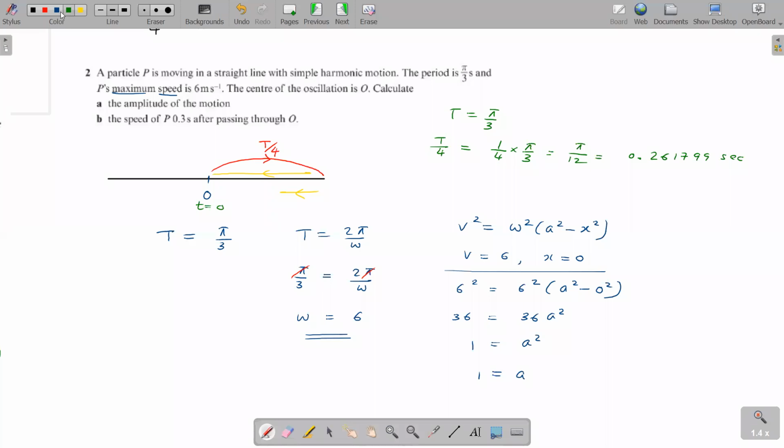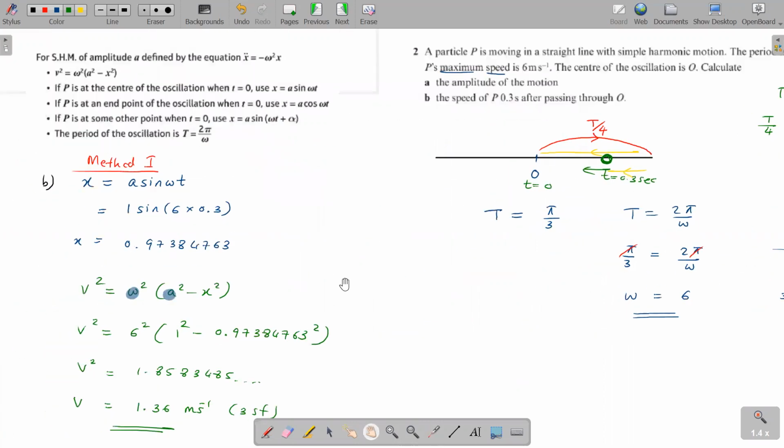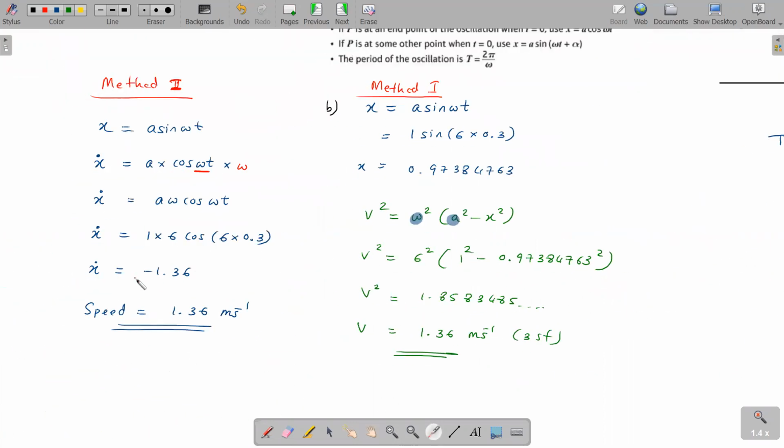Do you agree? The time taken to go from the center to amplitude is 0.2617 seconds, so 0.3 seconds means you have passed the amplitude and you're on your journey back. That's the reason why the x dot value here is negative. But we just want the speed, so we just have to get the magnitude of it.